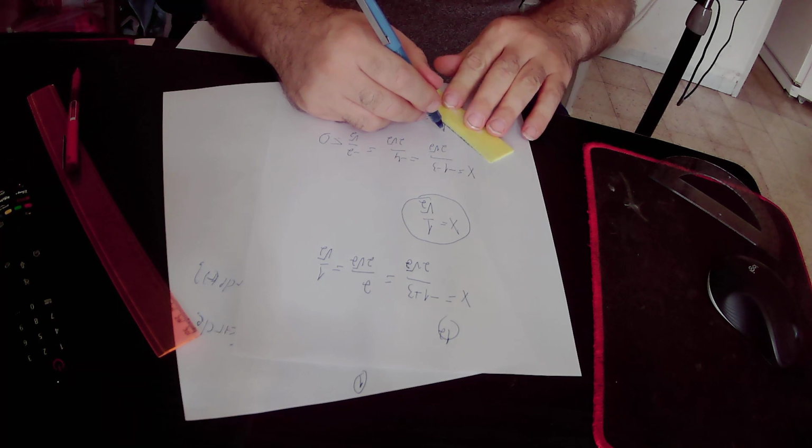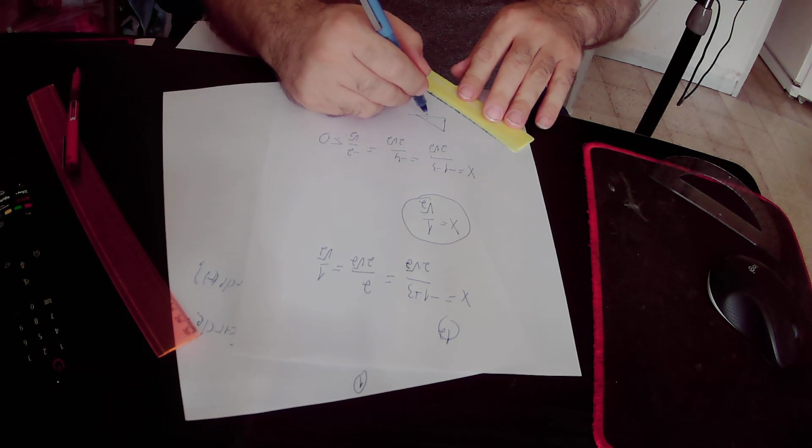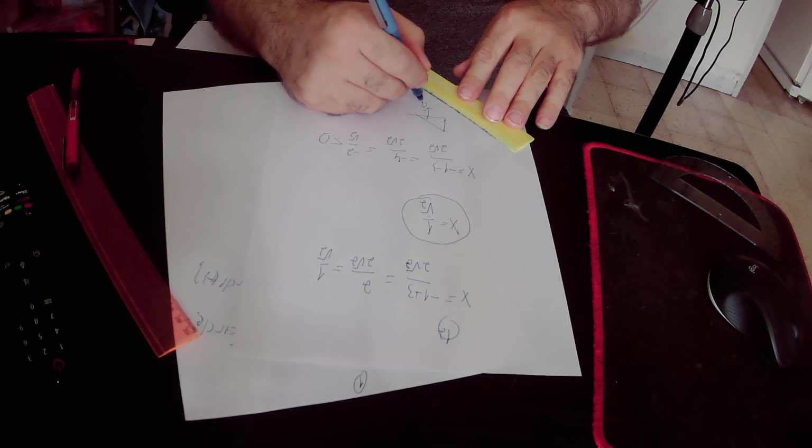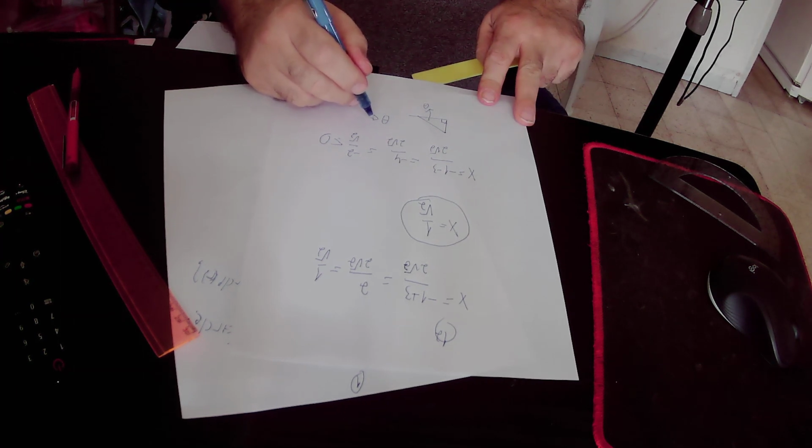Theta is one of the angles of a right triangle. This is theta. This is 90 degrees. So theta is less than 90 degrees.